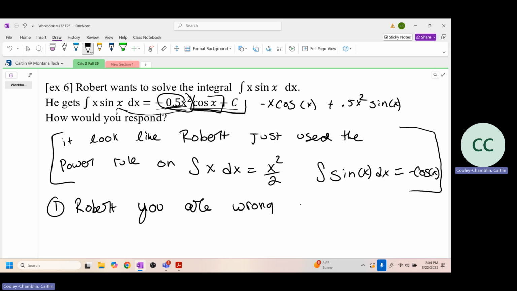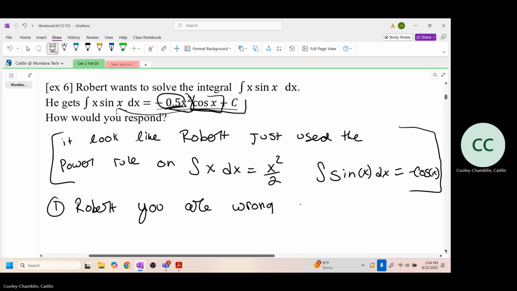Okay, so if I took the derivative of this piece, I get this. They're not the same. So Robert, you're wrong.